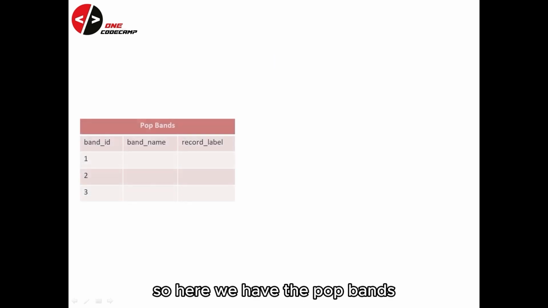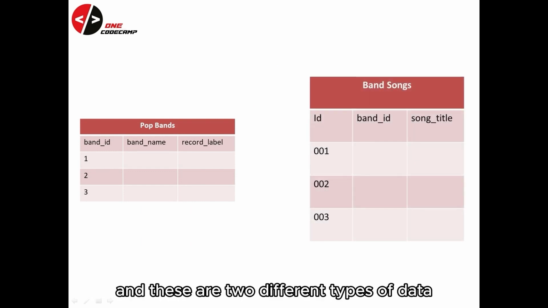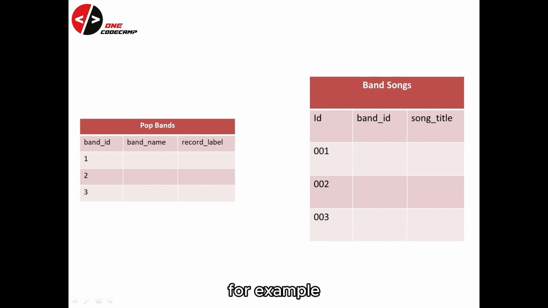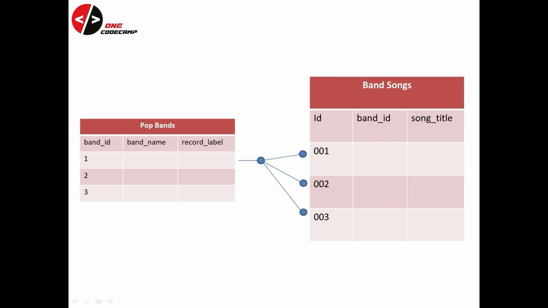So here, we have the pop bands. We can have a different data table for band songs, and these are two different types of data, but they could be related to each other. For example, one band might have many songs. So there, we will have a one-to-many relationship between those two tables.